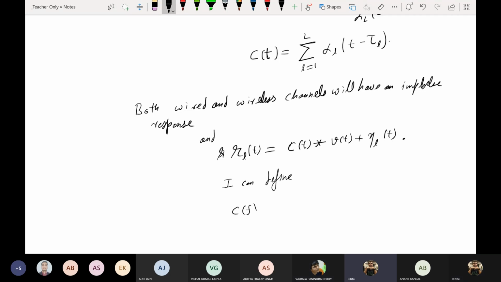Sir, we will be sending modulated signals now. Then why are you convolving the baseband signal with the channel? So if you go back to when we talked about baseband and passband systems, we said that we can represent passband systems in terms of their baseband equivalents as well.